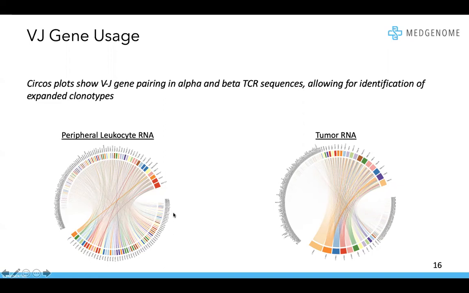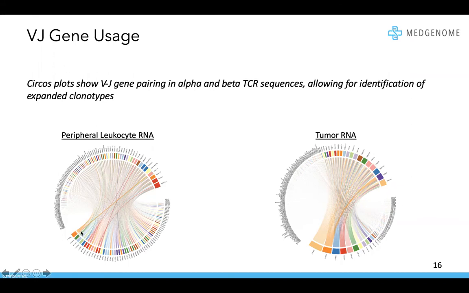For each sequence in the data, there's going to be one V segment and one J segment represented. And so each string just shows that V and J pairing that appears in your data.